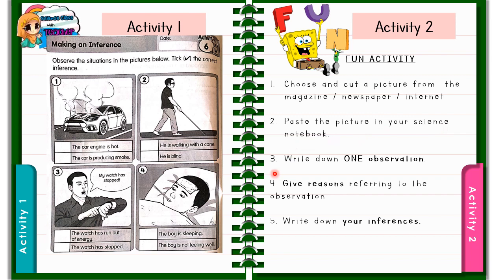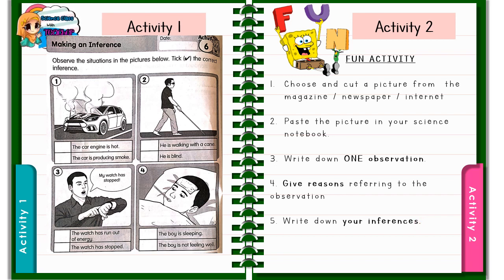And then step number 3, write down one observation from the picture, like what we learned before. And then step number 4, give reasons. I want you to give more than one reason referring to the observation. And lastly, write down your inferences.